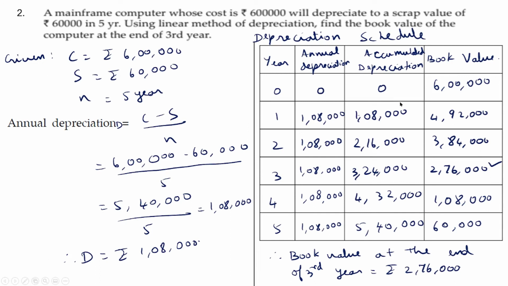So if the book value is asked, it is better to draw the depreciation schedule. It is better to draw a table like this with columns: year, annual depreciation, accumulated depreciation, and then we can find the book value by cost minus accumulated depreciation for each period.